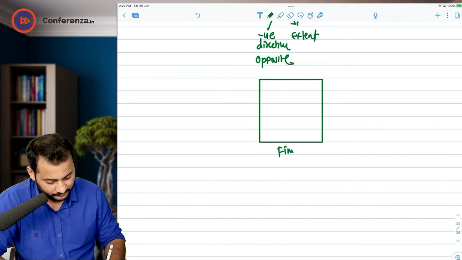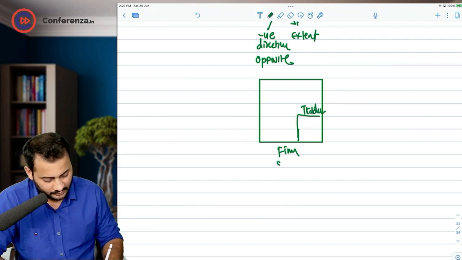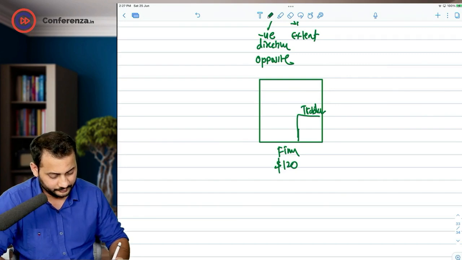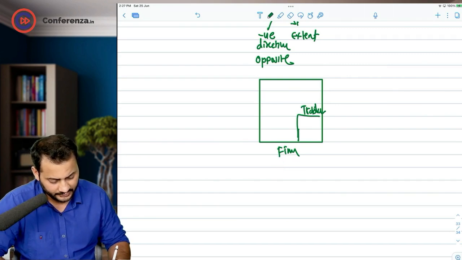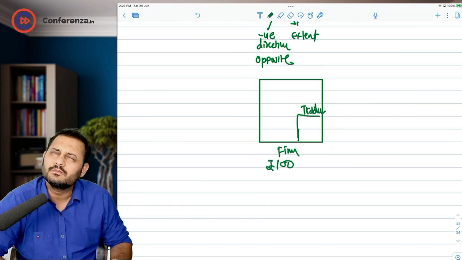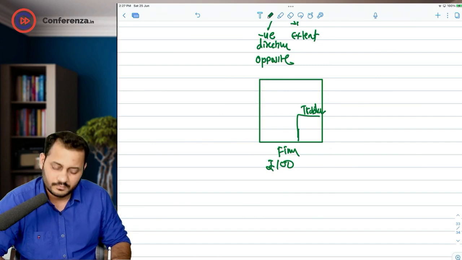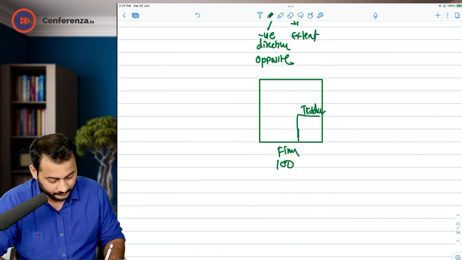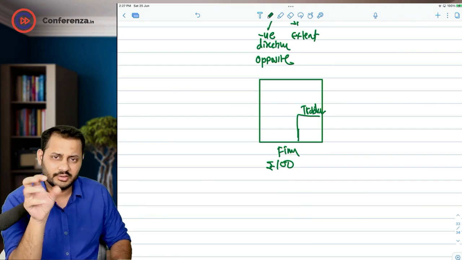This is firm and this is trader. This is $120 million, or let's just take an example of 100 rupees. Okay, cool. Let's just take another example.